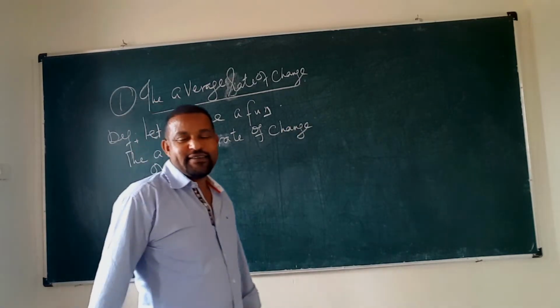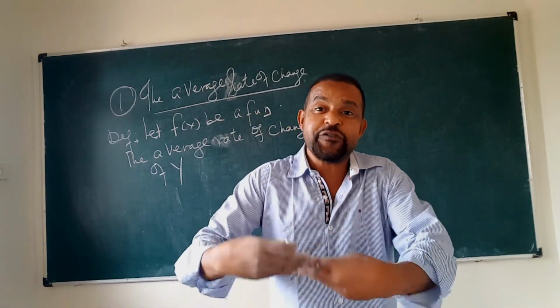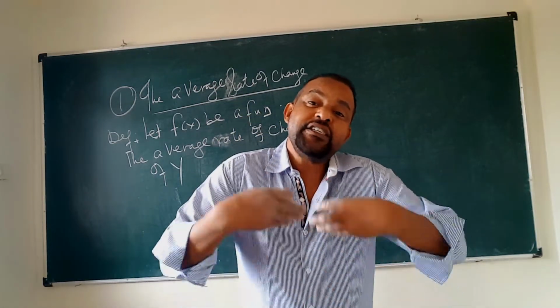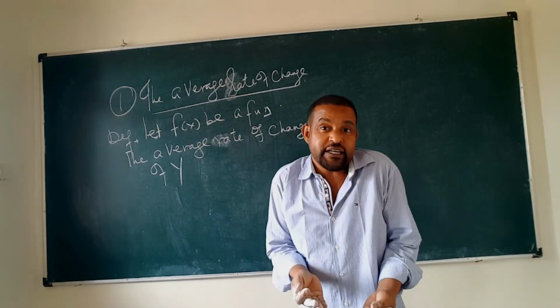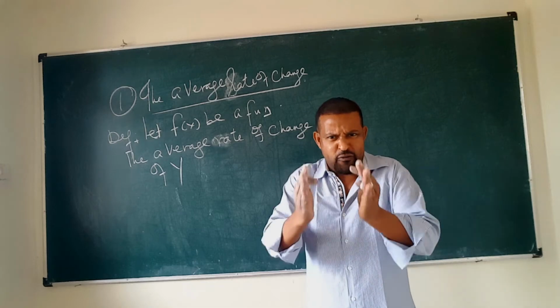Y. አሁን ምንድን ነው? The average rate of change of y ብለን ነገር the average rate of change of functional value of this function ማለት ነው። የኤክስ ዋጋ ሲቀየር የዋይ ዋጋ ሲቀየር ማለት ነው። That's what we are going to discuss.